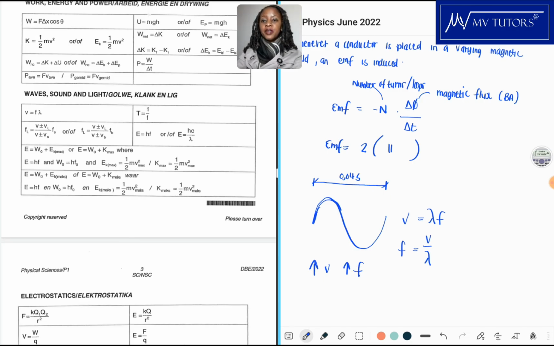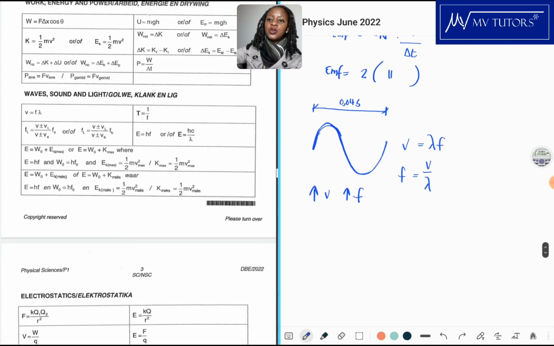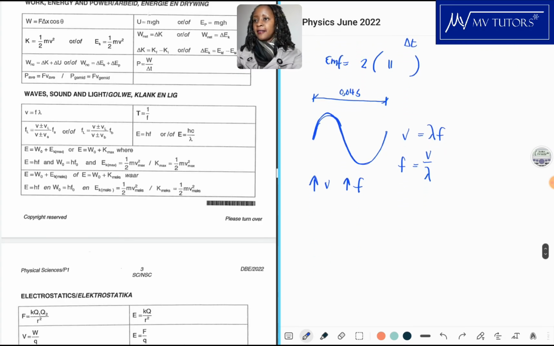And if you increase the frequency, instead of one wavelength happening over 0.04 seconds, you might have many wavelengths, but we don't know how many. So how can I then relate frequency and time? Well, we do have that equation. I think it's somewhere here.